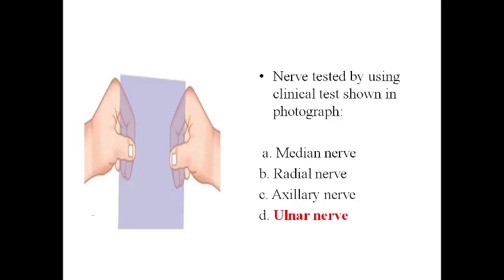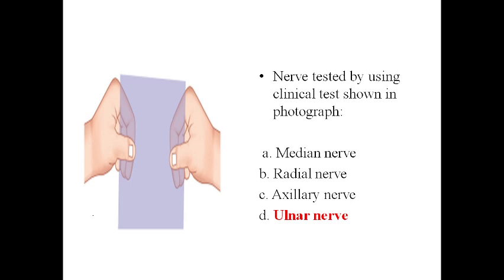Next, the nerve tested by the clinical test shown in the photograph. Which nerve is tested by this test? The ulnar nerve. This test is called Froment sign. It is a special test used to identify palsy of the ulnar nerve, specifically the action of adductor pollicis.